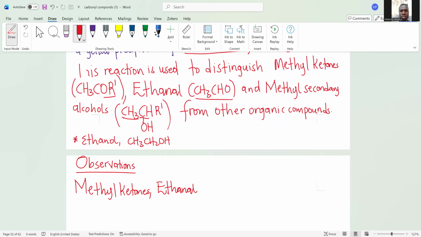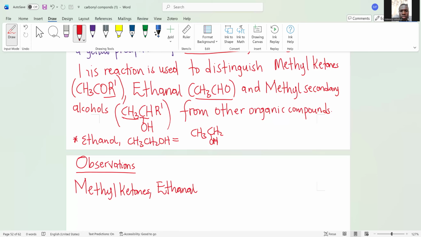It has a CH3 close to the carbon that carries OH. It is a primary alcohol, but it is in the form of a methyl secondary alcohol. Therefore, ethanol also undergoes the iodoform test.